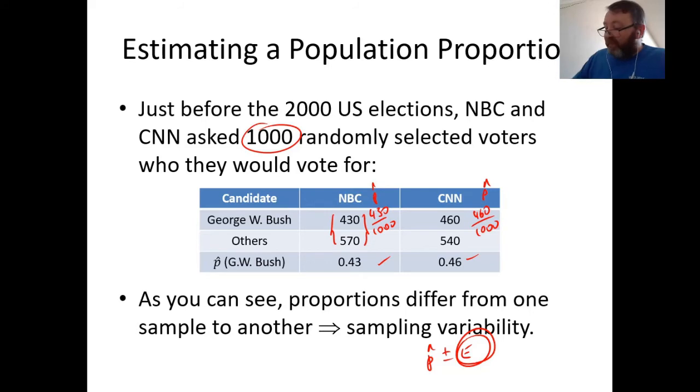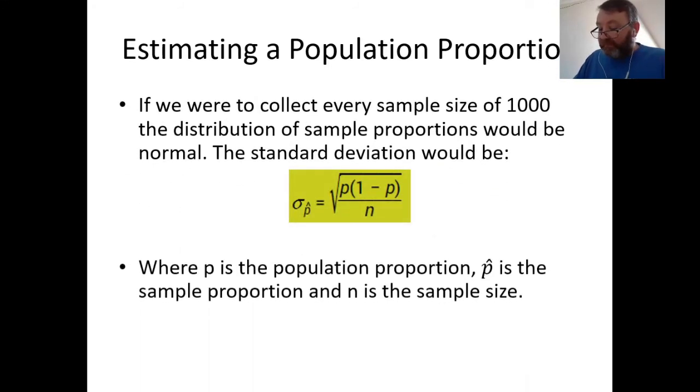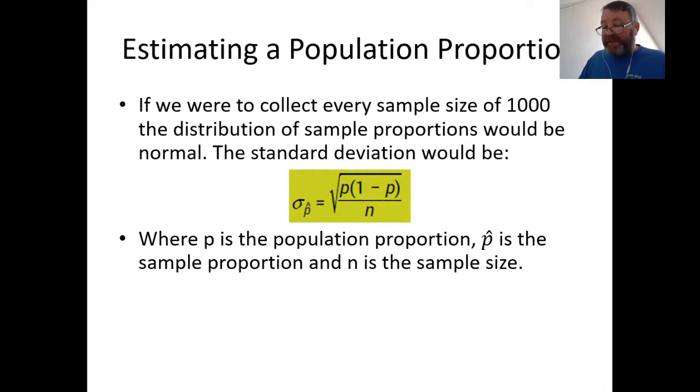Well, the margin of error is on the next slide. It's the square root of p times 1 minus p over n. And 1.96 would give me a 95% confidence interval.